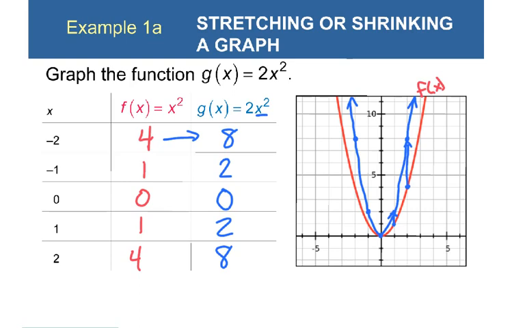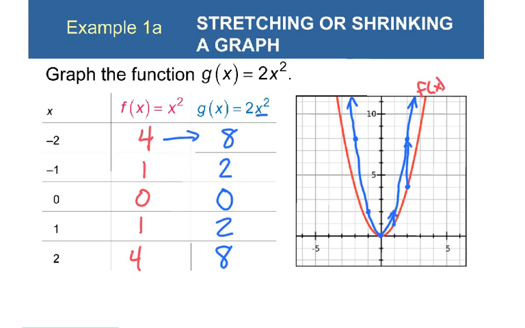So that is why we call it a vertical stretch. Even though it kind of looks like the graph shrunk inwards, just think about it the other way. It got longer is what happened to this graph of the function compared to the basic function, f of x equals x squared.